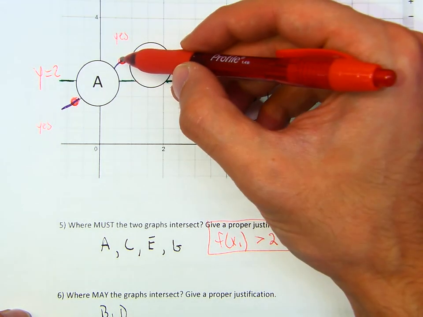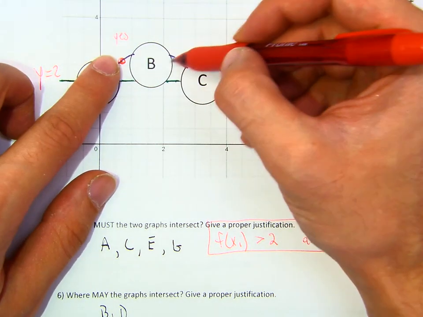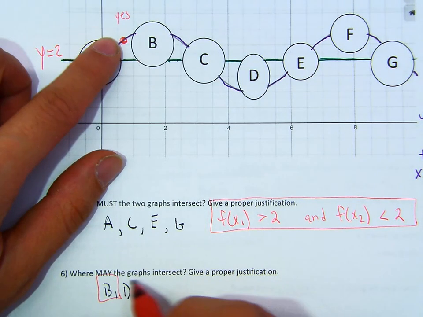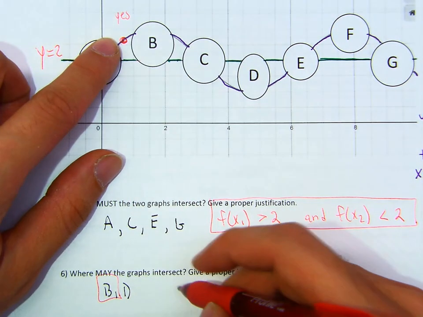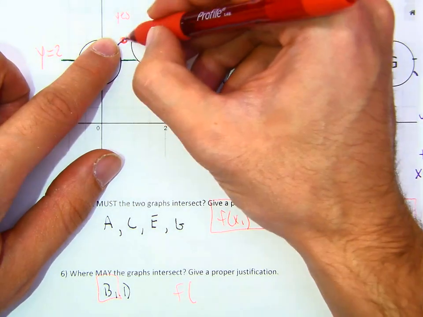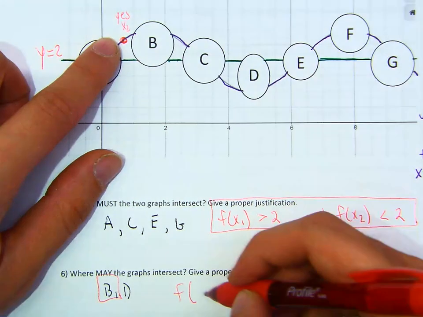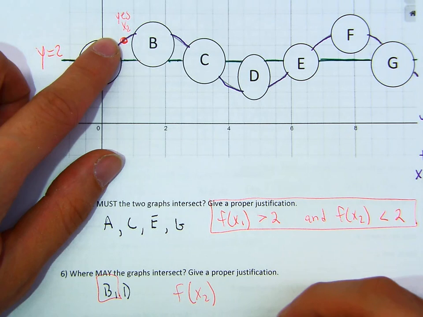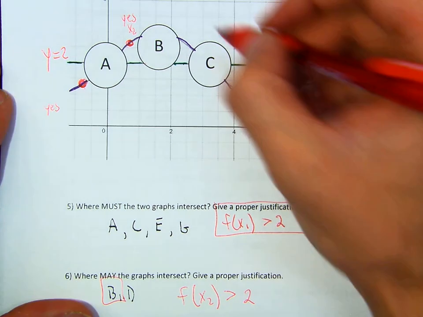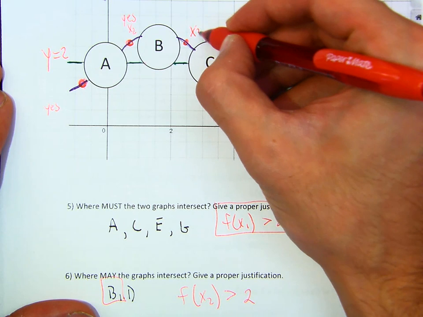Let's look between B and C. You have a point B, and let's say this point is x sub 2. Notice that f of x sub 2 is greater than 2. It's above that line. And let's look at this point over here, x sub 3.